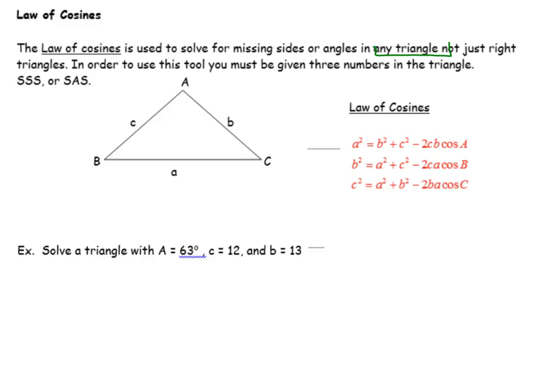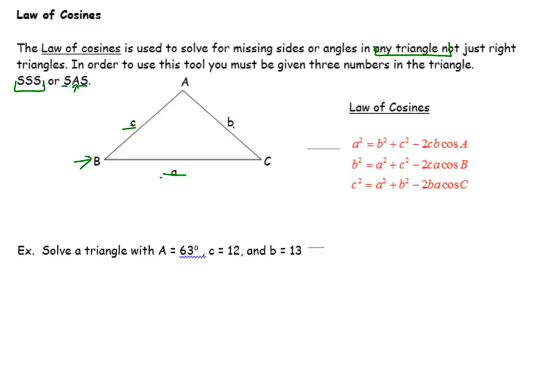Now, what three numbers would you have to be given to use the law of cosines? You'd have to be given all three sides, A, B, and C. Or you'd have to be given two sides and the included angle. So I could be given side A and side C and angle B.